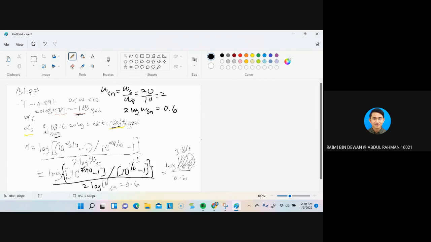So this is log 3858. Okay, 3858. So log here divided by 0.6, so you have 5.98.